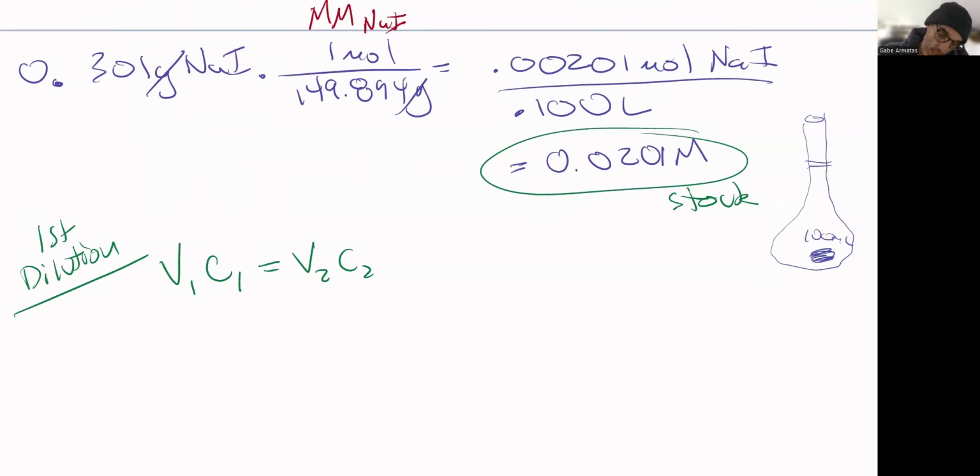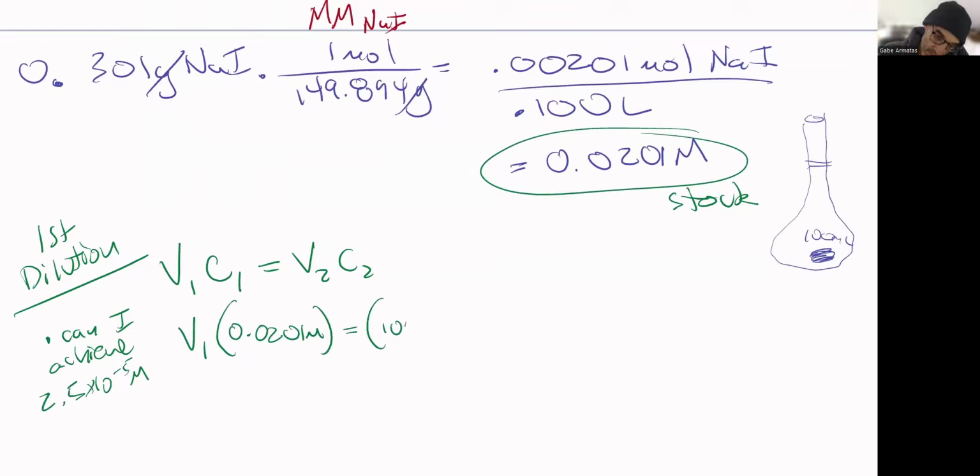The question is, can I make it directly? Can I achieve 2.5 times 10 to the minus 5 molar? So what volume do I need, considering I have a stock concentration of 0.0201 molar? I am looking to get 100 mils of my 2.5 times 10 to the minus 5 molar solution.